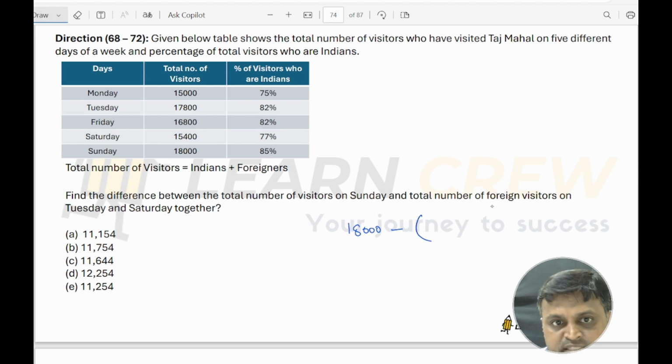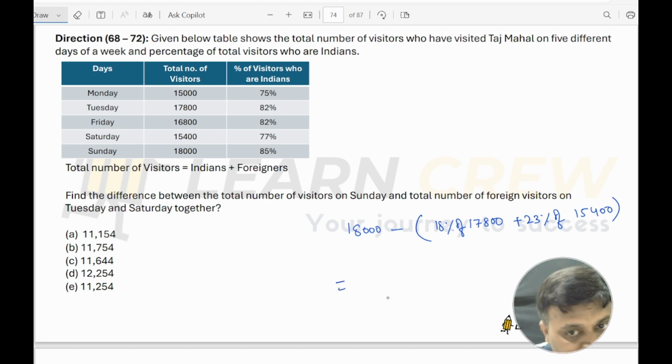The number of foreign visitors is 18% of 17,800. 82% are Indians, the remaining are foreign visitors on Tuesday. And on Saturday, 23% of 15,400. So what is this value?